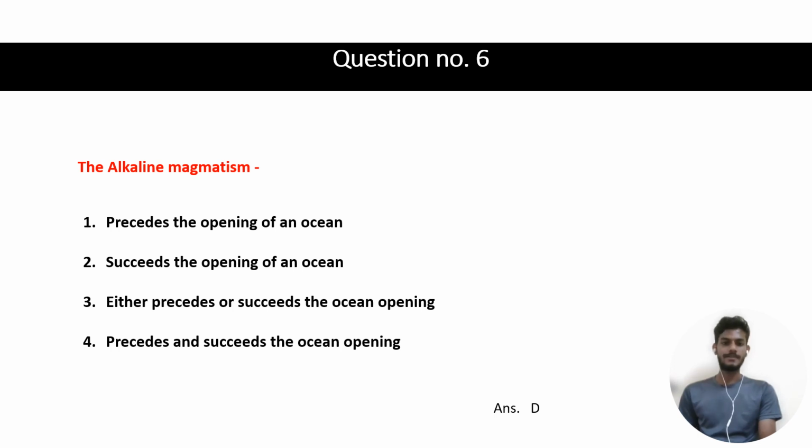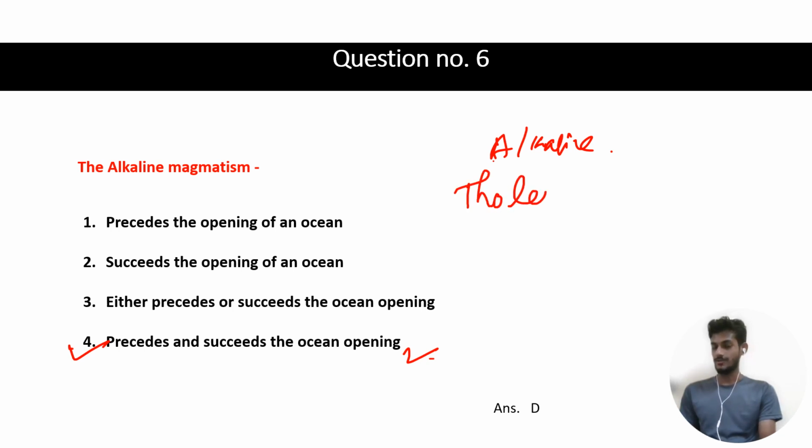So alkaline magmatism precedes and succeeds the ocean opening. So when your ocean is opening, just before the opening you have the alkaline magmatism. Okay, when it is opening, then it will be tholeiitic, and you know that tholeiitic is a subalkaline magma.